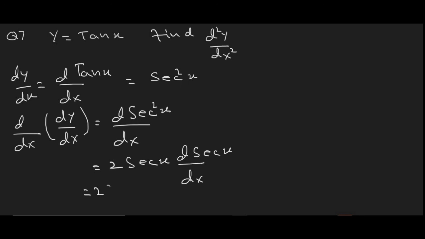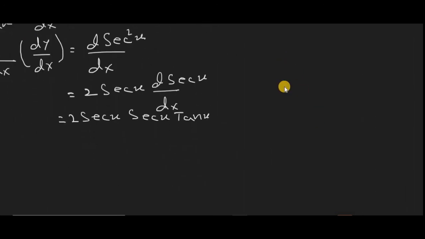So 2 secant x into secant x tangent x. We write this as d2y by dx square, the second derivative, 2 secant square x tangent x. This is our answer.